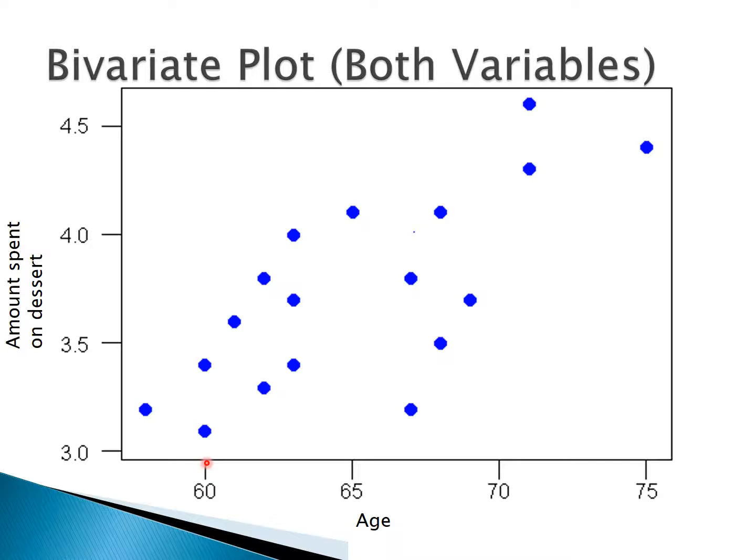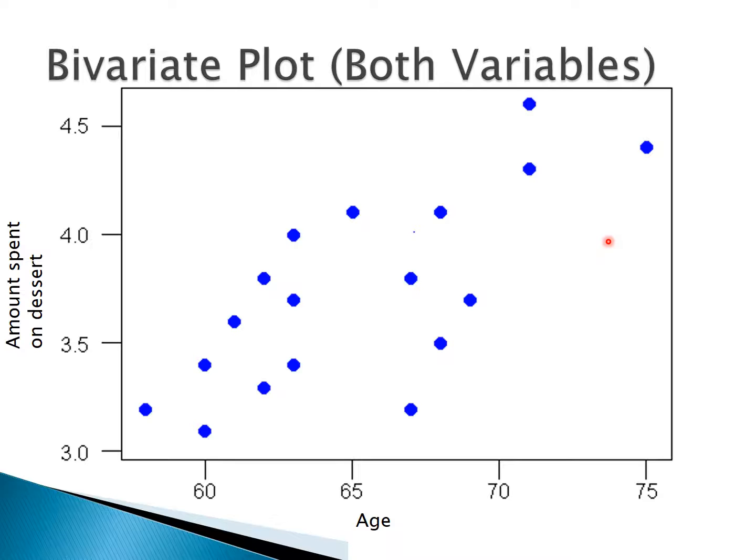The second person was aged 60, and they spent €3.10. There was another person aged 60, and they spent €3.40. So you put a spot representing each person, and you show their age up this way and the amount on average that they spent this way. Each of those spots represents an individual who was recorded in the survey.